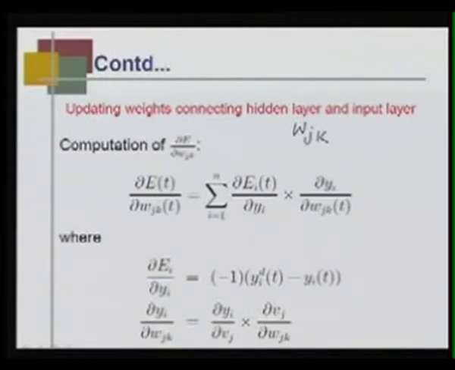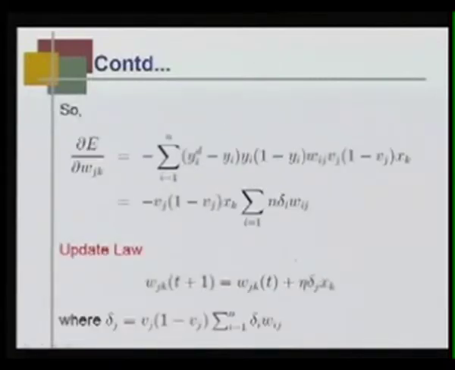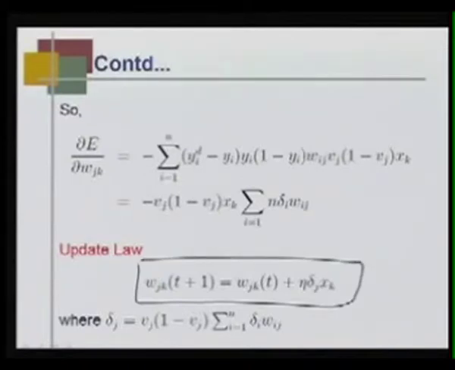When I differentiate E with respect to w_jk, I differentiate E_i with respect to y_i and y_i with respect to w_jk in a similar manner, and ultimately we get a relationship of the same generalized form: w_jk(t+1) is w_jk(t) plus eta delta_j x_k.